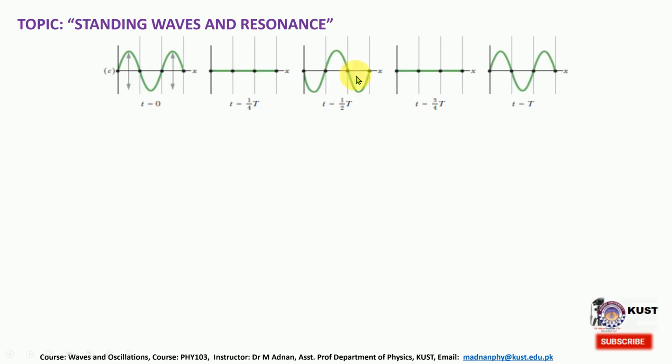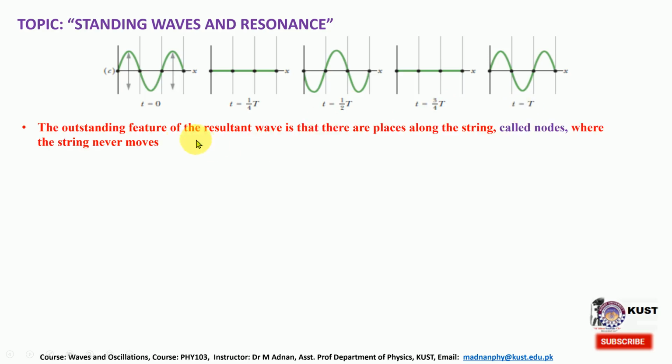This is just the outcome of the five snapshots that we took at t equal to 0, t equal to 1 over 4 T, t equal to 1 half T, 3 by 4 T, and t exactly equal to the time period. Now there are some interesting features.